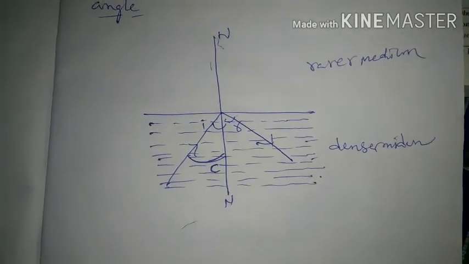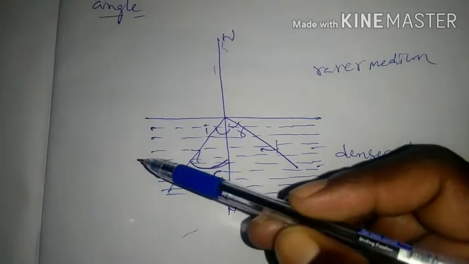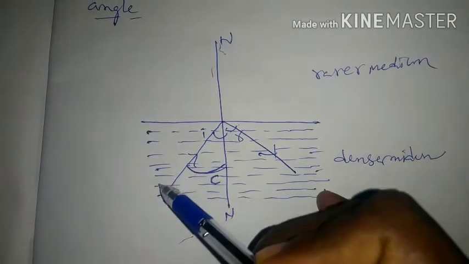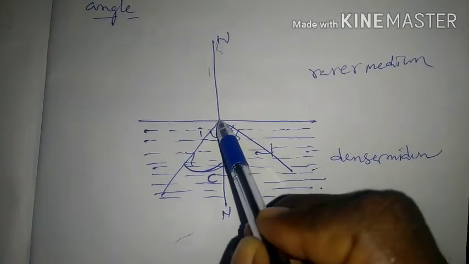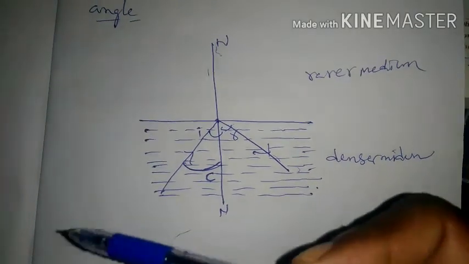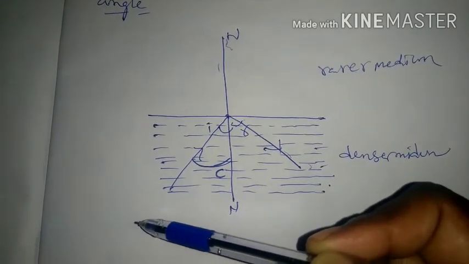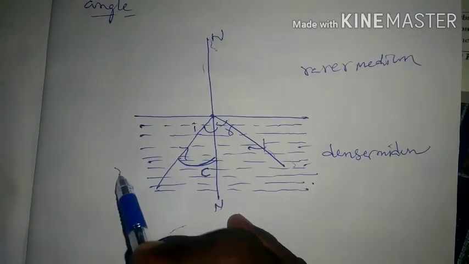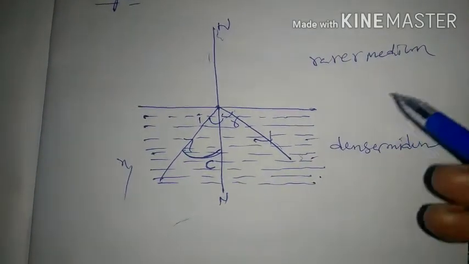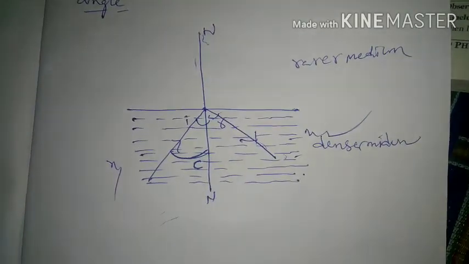Let us consider a light ray that travels from the denser medium to the rarer medium, with refractive index n1 to refractive index n2, first medium to second medium.